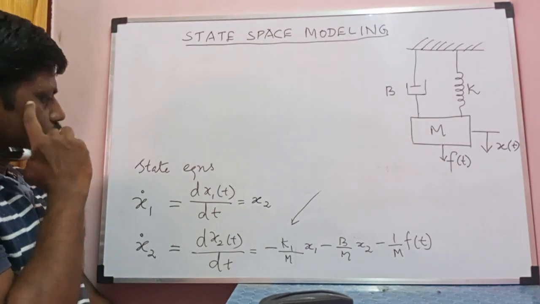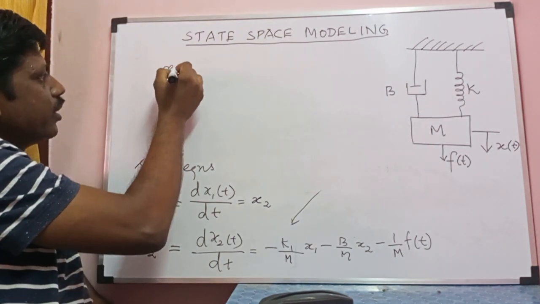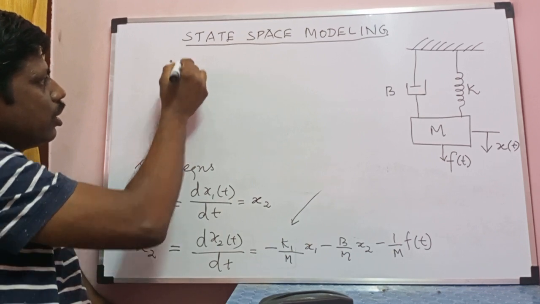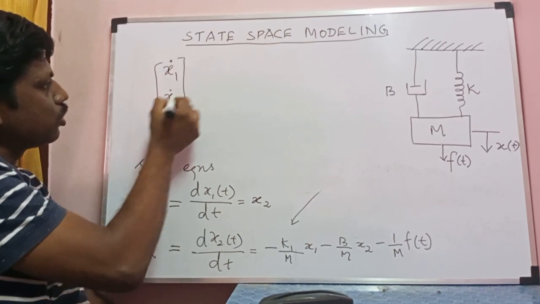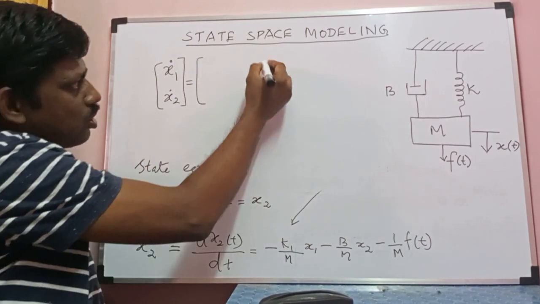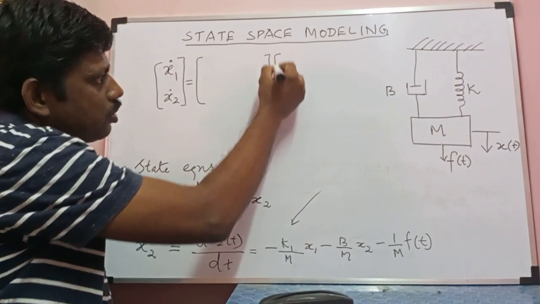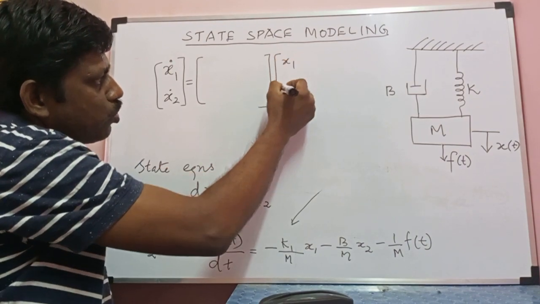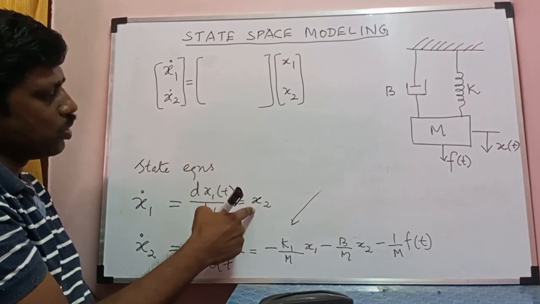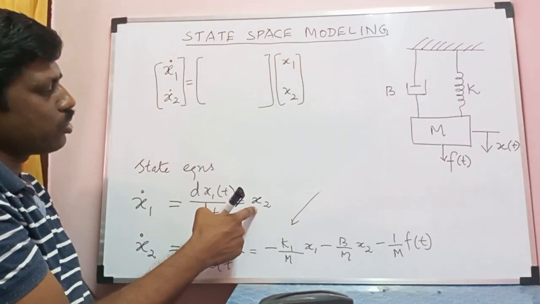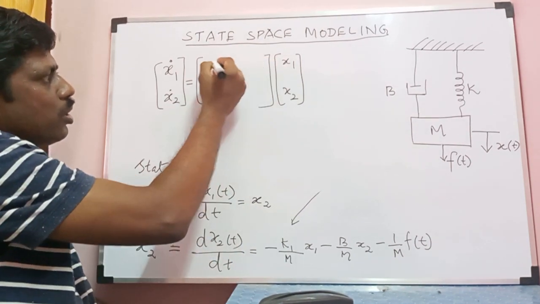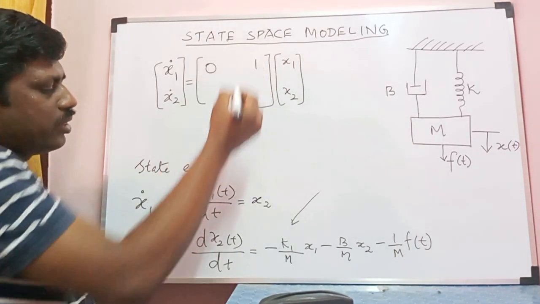So I'll write x1 dot, x2 dot is equal to, first equation I'll put in a matrix, x1, x2. This equation doesn't have x1, it has only x2 and its coefficient is 1. So I'll put 0 1 here.